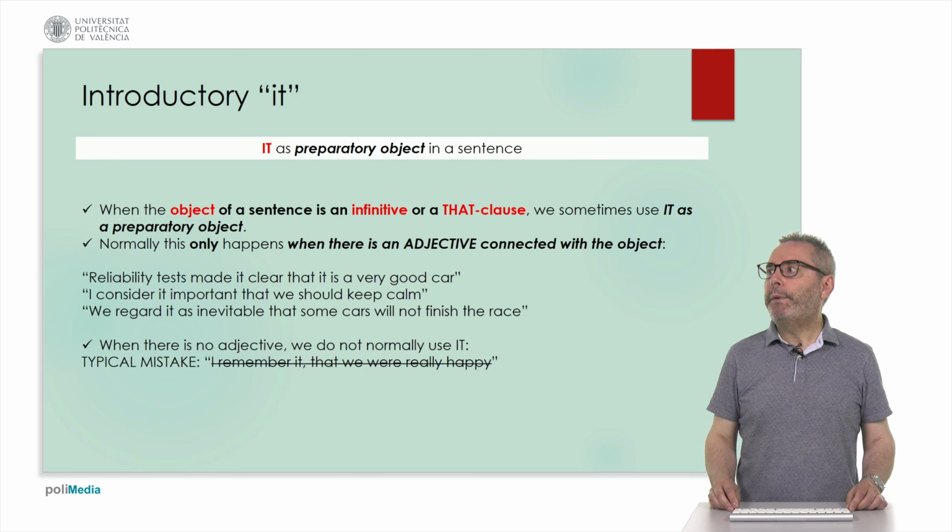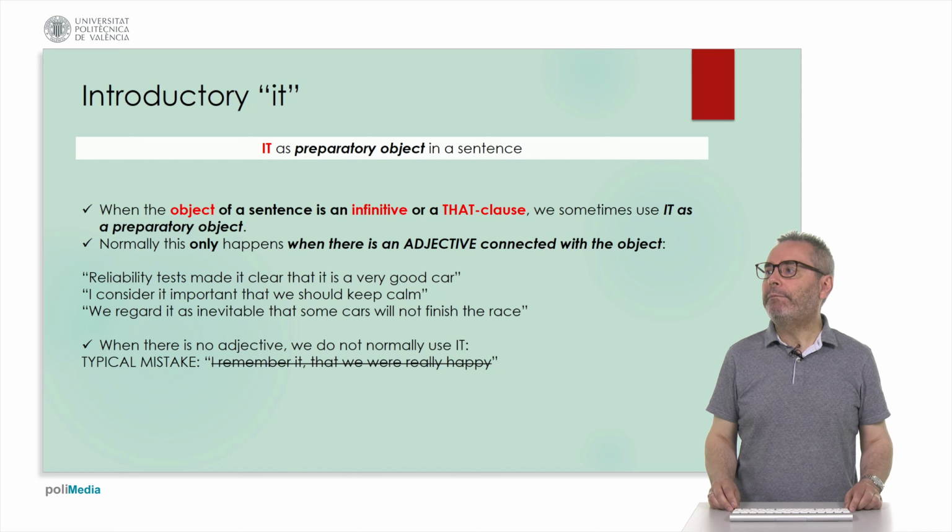It can also be a preparatory object in a sentence. When the object of a sentence is an infinitive or that clause, we use it as a preparatory or introductory object. Normally, this only happens when there is an adjective connected to the corresponding object.